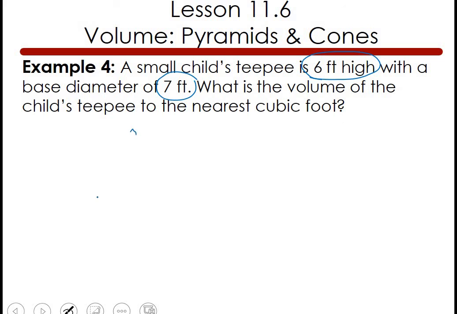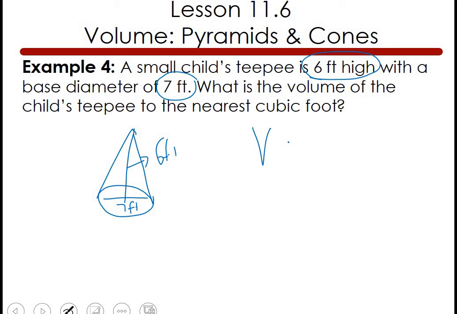So it's a teepee. So teepee looks like a cone, right? That's 7. And it's 6 feet high. So we're finding the volume to the nearest cube. Again, it is a cone. 1/3 pi r squared h. 1/3 pi.